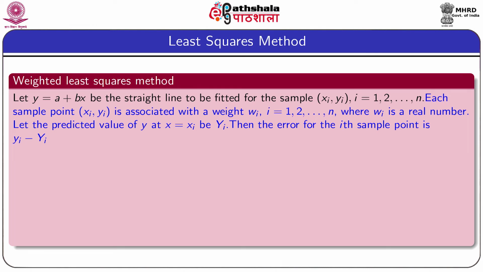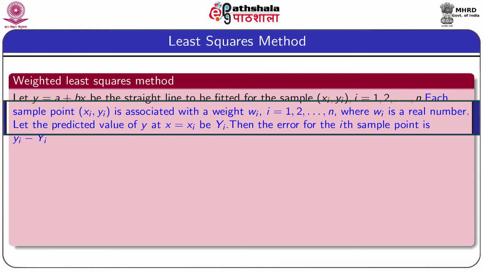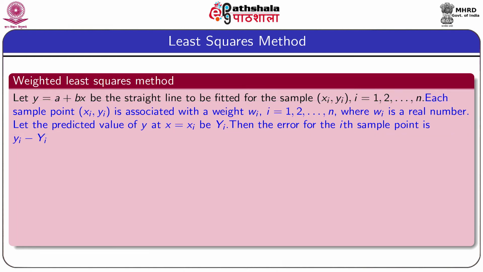To explain the weighted least square method, let y equal to a plus bx be the straight line to be fitted for the sample xi, yi where i equal to 1 to n. Suppose that each sample point xi, yi is associated with a weight wi where i equal to 1 to n. In general, we take wi as a real number.